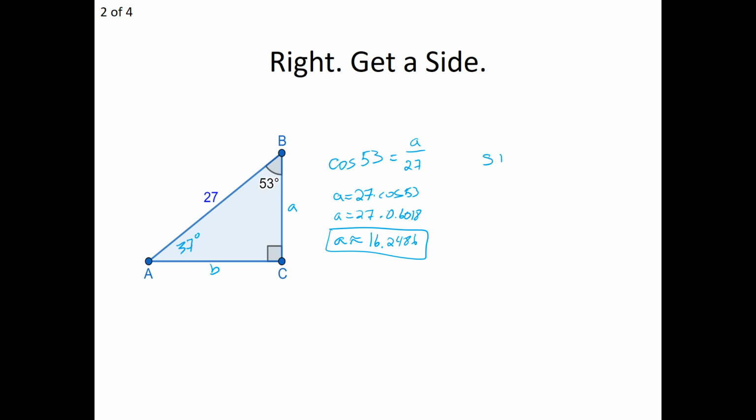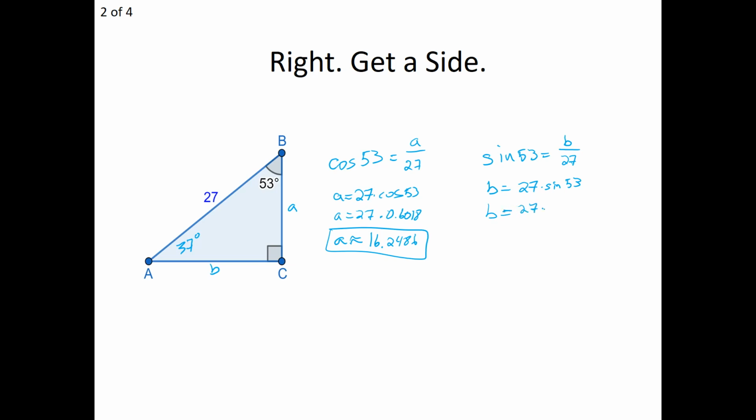So I have the sine of our 53 degrees is equal to the opposite side, which is B, over our hypotenuse, which is 27. What we can then do now is multiply both sides by 27. We get B is equal to 27 times the sine of 53 degrees. Now again, with our trig function there, the sine of 53 degrees is really just a ratio number.